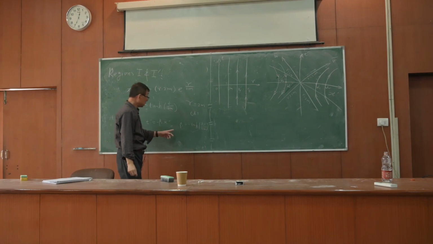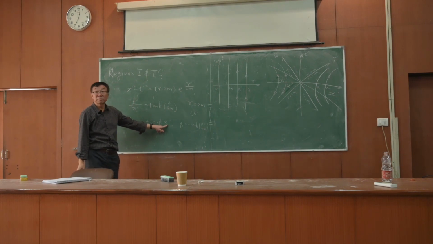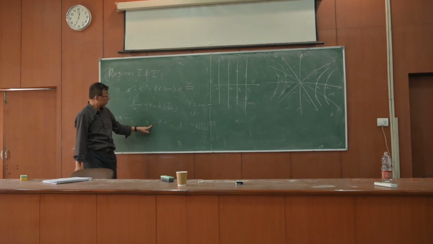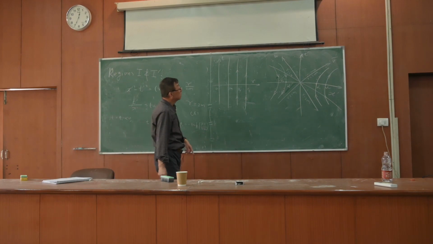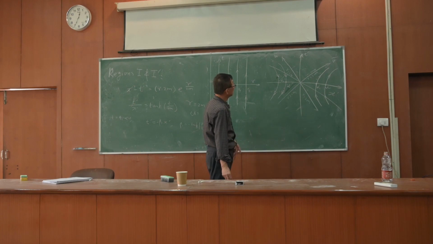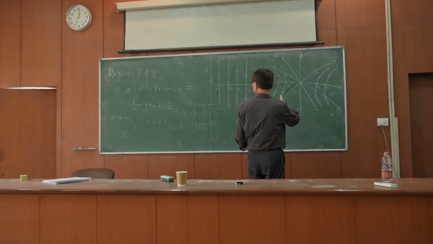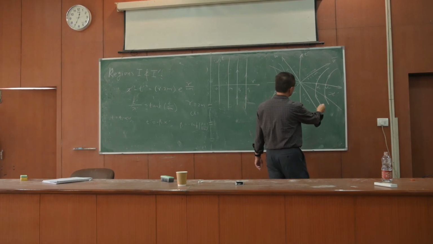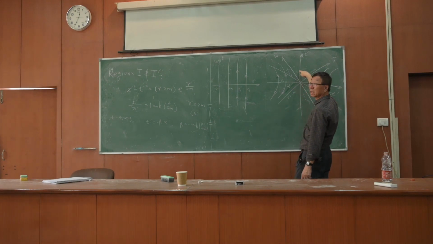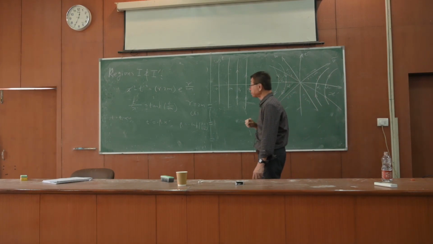And you see, when x prime equals 0, T prime equals 0, but when T is positive, this should be, let me see. Yeah, this is actually the case, right? This is actually the T negative case.